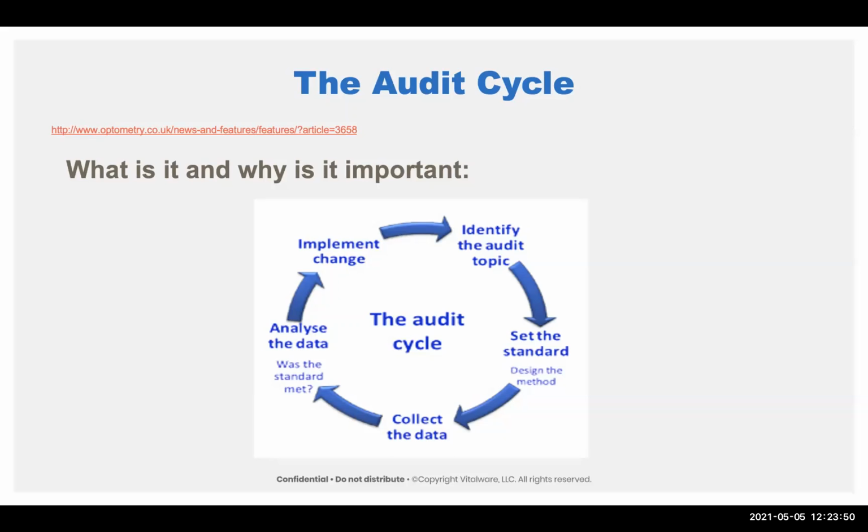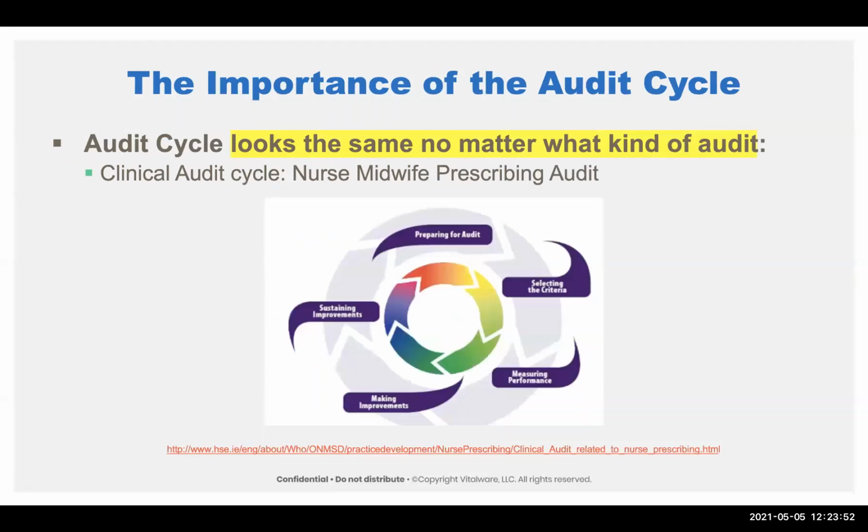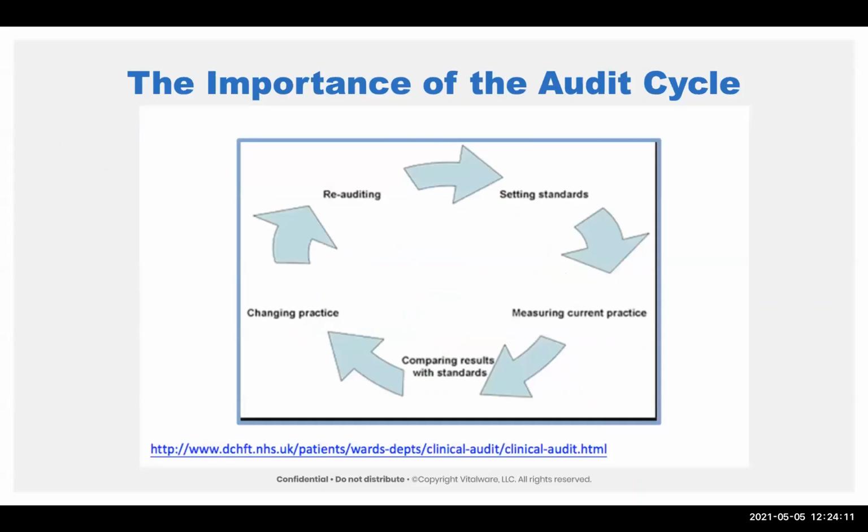Now, this came from optometry in the UK. I use it because I came from NHS for a while, so I love the cycle. However, here's one for a nurse midwife prescribing audit, and that audit cycle is exactly the same. You're preparing an audit criteria, measuring, making improvement, sustaining the improvement.